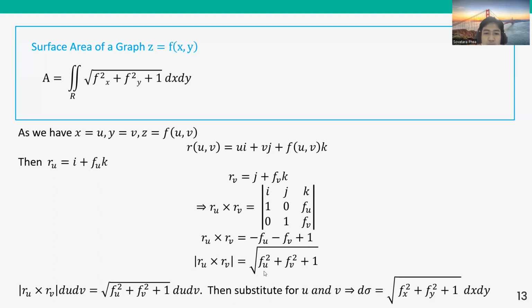So we get here the square root of partial derivative f over u squared plus partial derivative f over v squared plus 1. And then substitute u and v. So we get dσ equal to the square root of partial derivative f over x squared plus partial derivative f over y squared plus 1 dx dy. And that's how we get the formula of the surface area of a graph z equal to f of x and y.